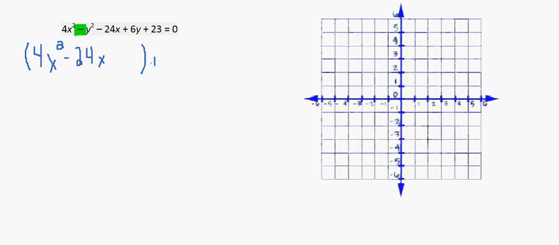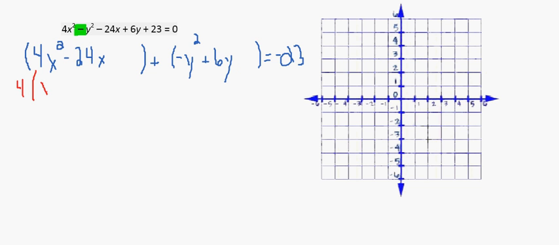And then I'm going to group the y's together, and here's where it gets a little tricky. Negative y squared plus 6y, and I'm going to subtract the 23 over to the other side. Okay, so on the x's I have to factor out that 4 because remember the x squared has to start with a 1.